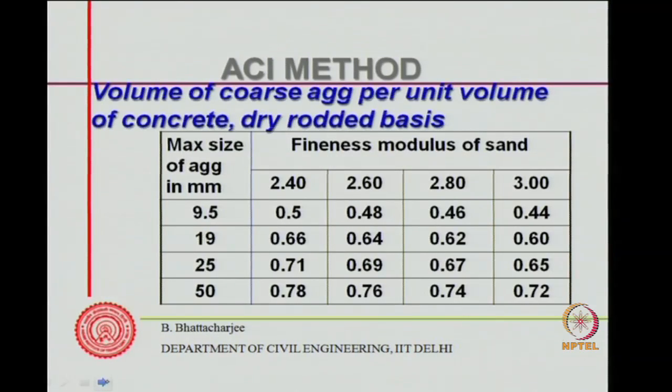In the next table, the volume of coarse aggregate per unit volume of concrete on dry rodded basis is given. As your maximum size of aggregate increases, here we have taken 37.5 and 50, and there are larger sizes also available. This is the fineness modulus of the sand, increasing along this direction, and this is my MSA increasing.